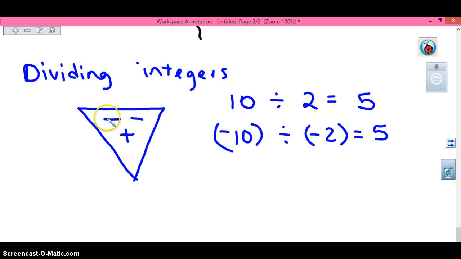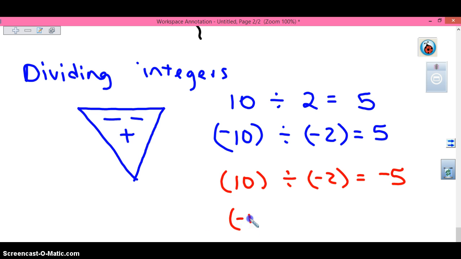Because when we're dividing two negatives, our answer is positive. Pretend you're covering the two negative signs. If we are dividing a positive by a negative, it will equal a negative. If we are dividing a negative by a positive, it will equal a negative. Now these are exactly the same rules as for multiplication.